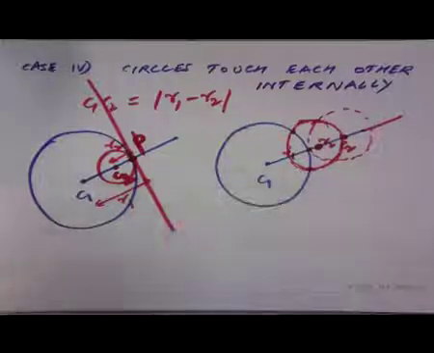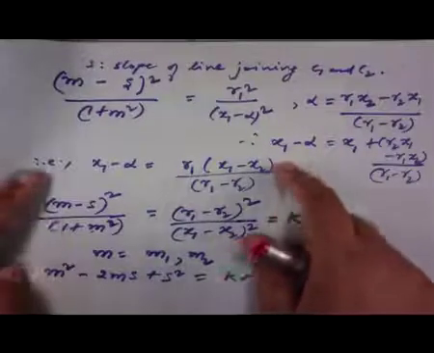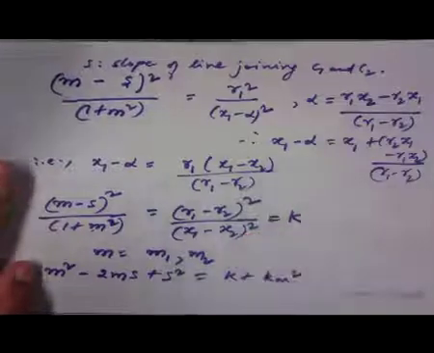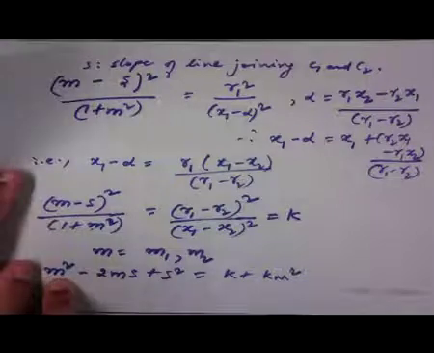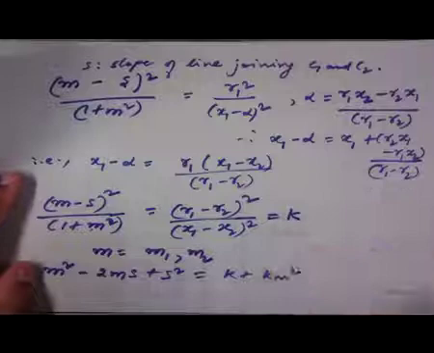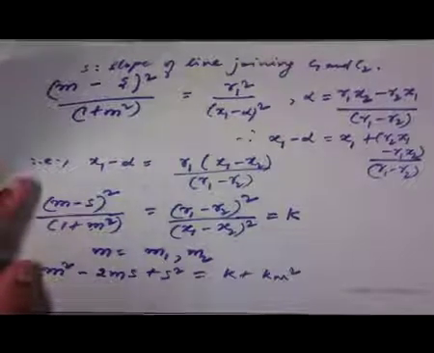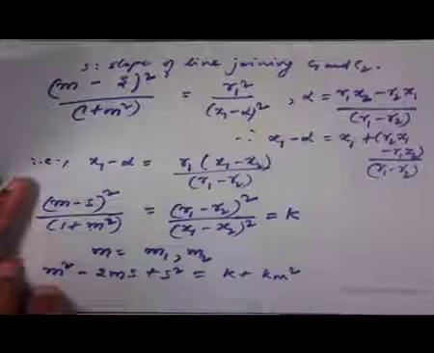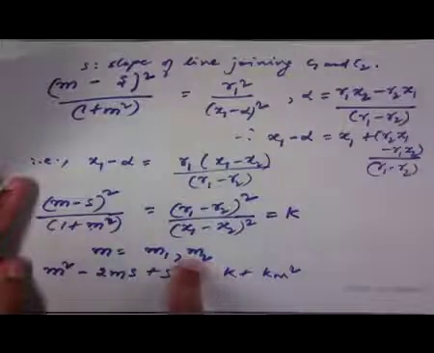If we remember this slide, it was for finding the slope m of the direct common tangent for case 1, where the two circles were neither intersecting nor touching each other. In that case, we got an equation that was quadratic in m, and we said there will be two roots.